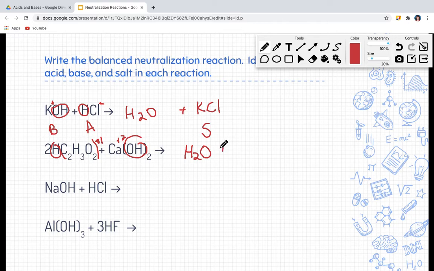So what we need to do to balance that out is have calcium bonded to two acetate ions because we want to make an uncharged compound. This is not quite balanced. I do need to make two waters. Calcium hydroxide has hydroxide, so that has to be a base. That has to be an acid.